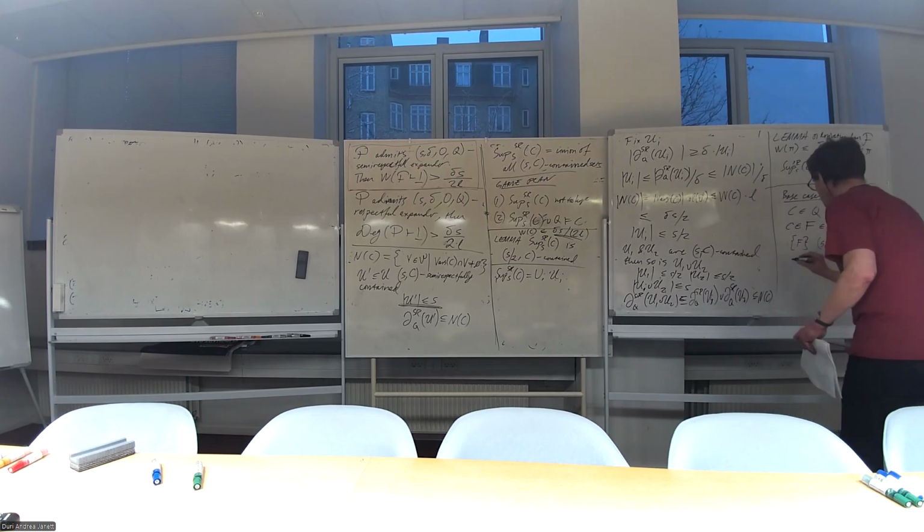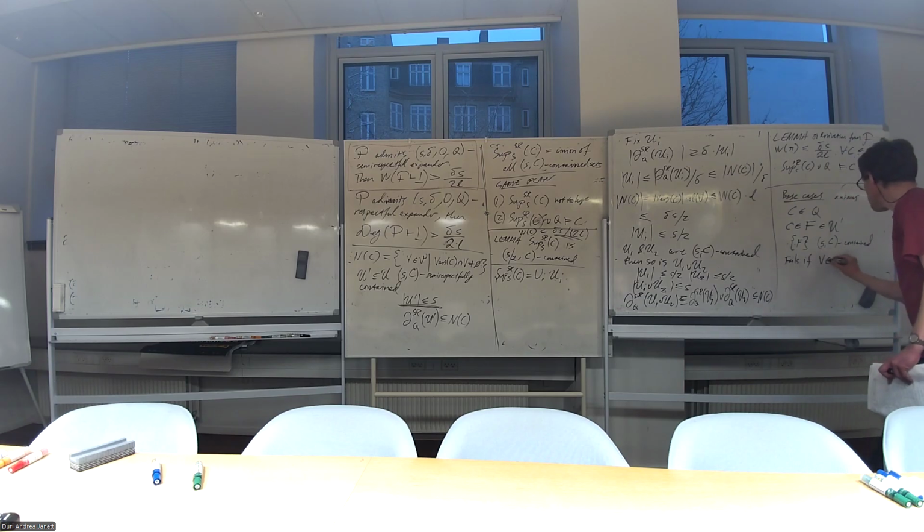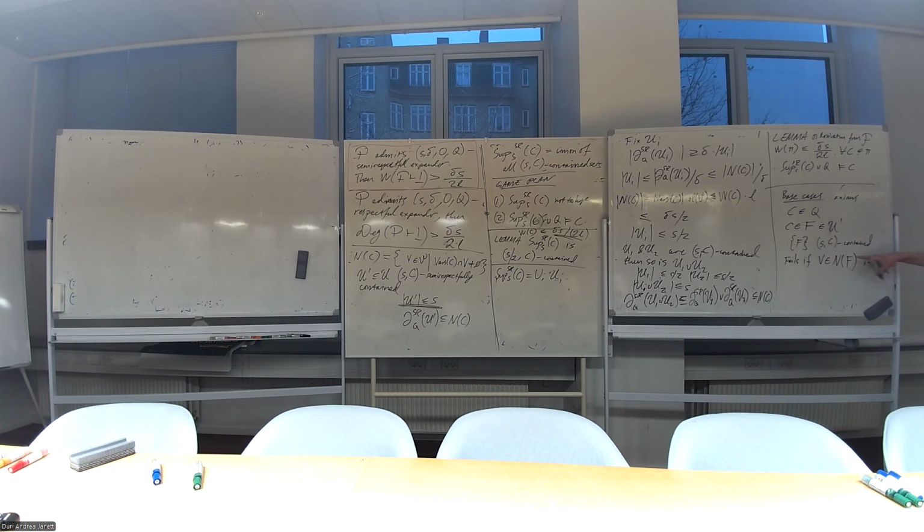The only thing that could fail is if there is a V in the neighborhood of F. What would make us nervous if we find a V that is not inside the neighborhood of C? Sort of, if all the vertices in the neighborhood of F are inside the neighborhood of C, then this is SC contained. I mean, this is a set of size 1, so we're good.